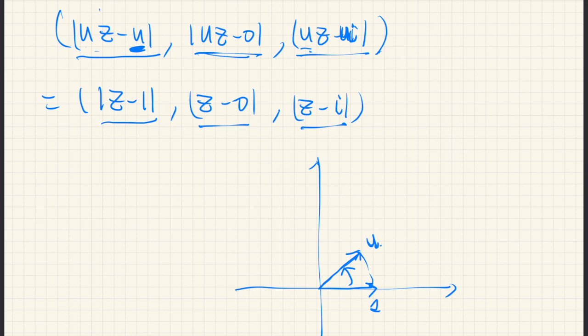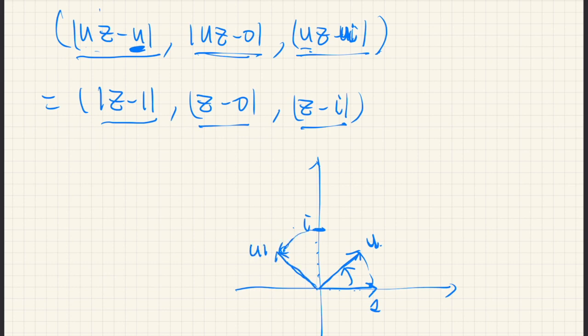I is here, and if we multiply I by u, then what we get is something like this.